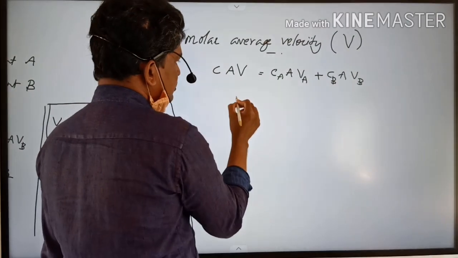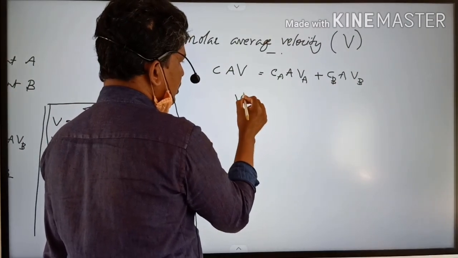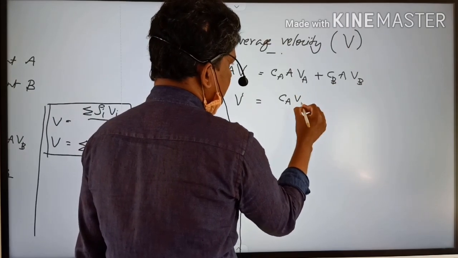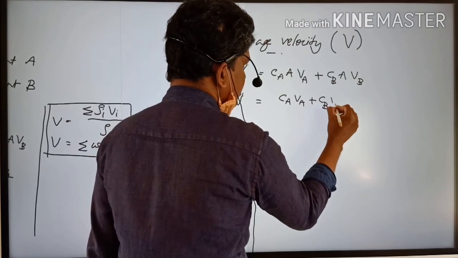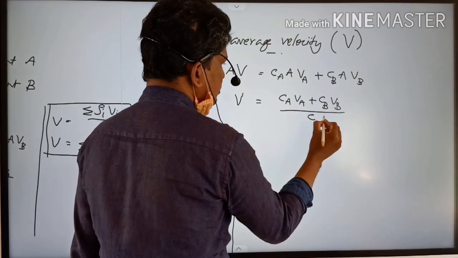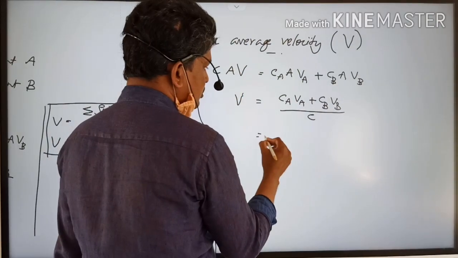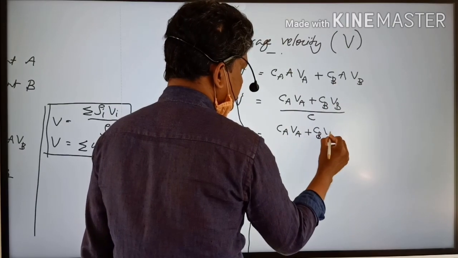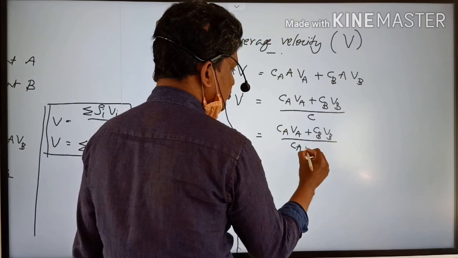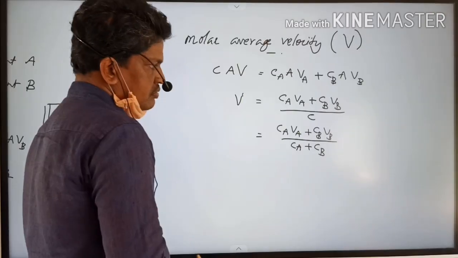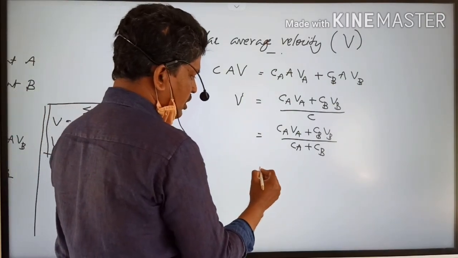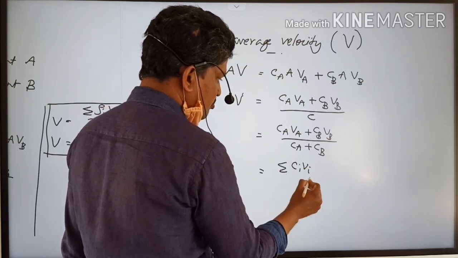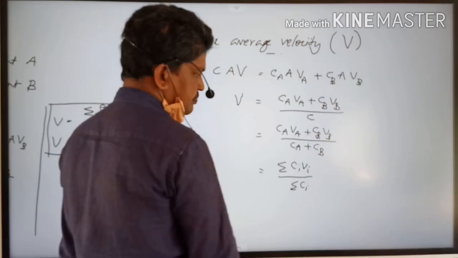So V, the molar average velocity, is equal to CA VA plus CB VB by C, which is CA VA plus CB VB by CA plus CB. In summation form, the molar average velocity is equal to sigma Ci Vi by sigma Ci.